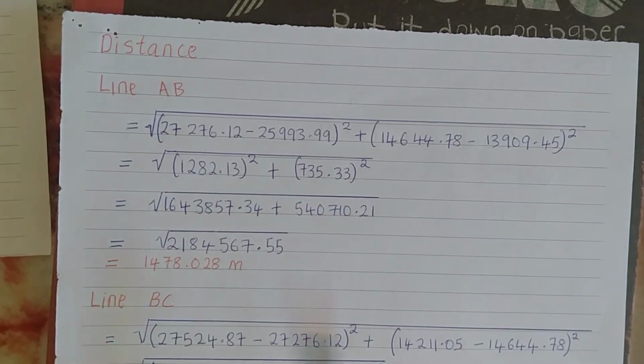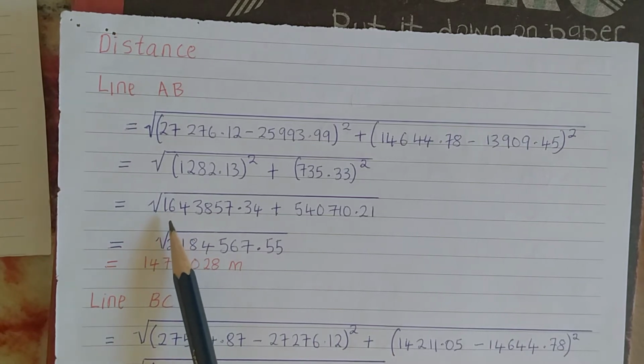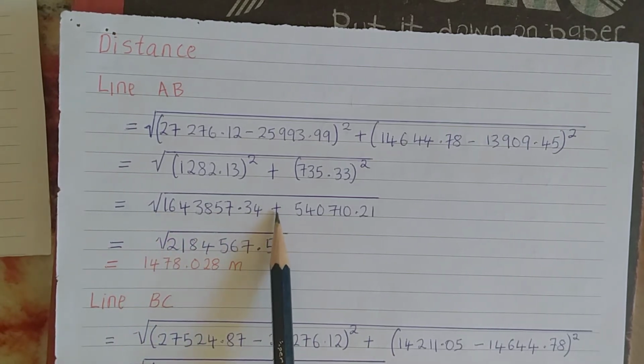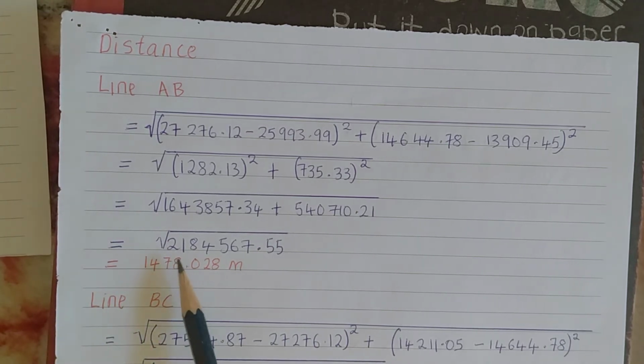Then when you square the values, you'll get the sum under the square root.